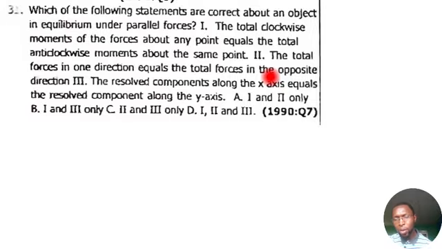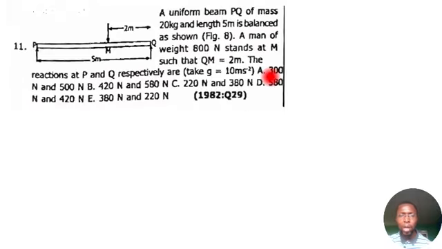Right? Let us see another question. Here we are told that a uniform beam PQ of mass 20 kilogram and length 5 meters is balanced as shown in figure 8. This is figure 8 here.